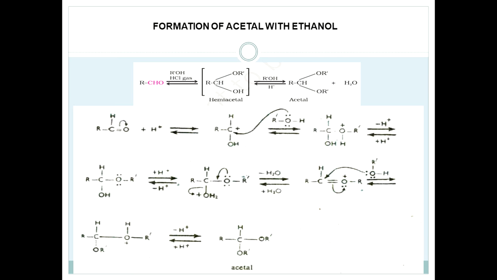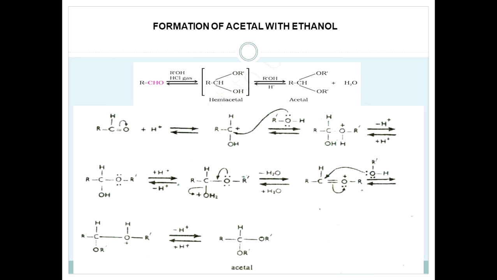Ketones do not react with monohydric alcohols but react with dihydric alcohols to give cyclic ketals, cyclic acetals. Next, the addition of ethylene glycol. Ethylene glycol is a dihydric alcohol.